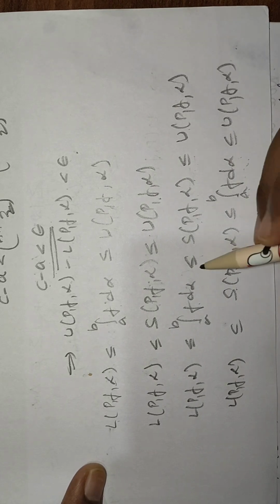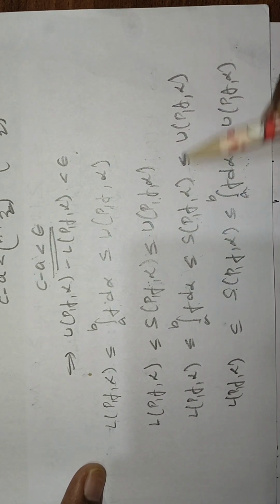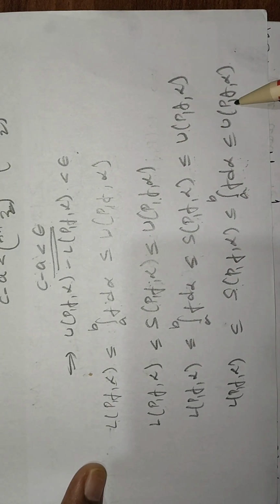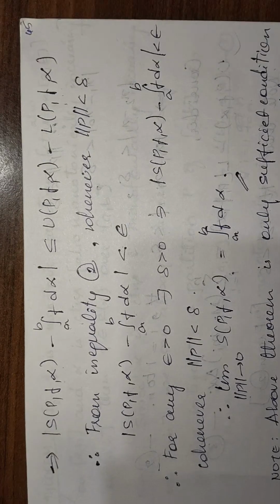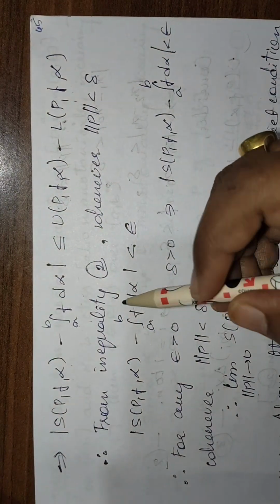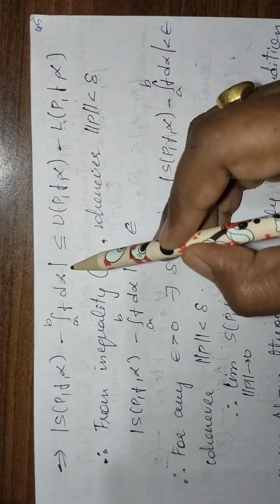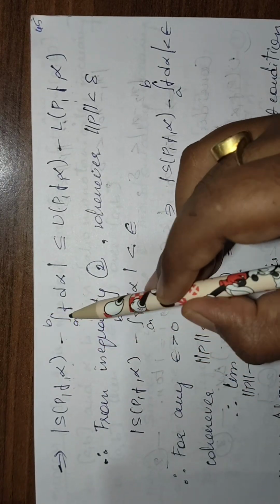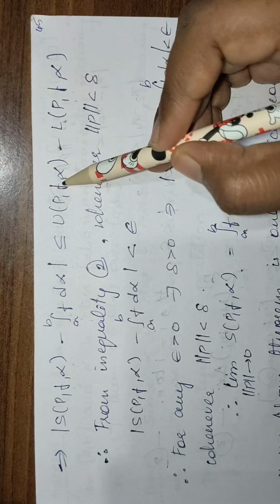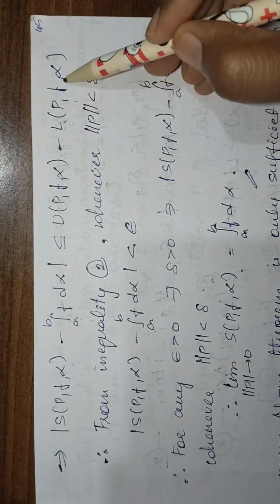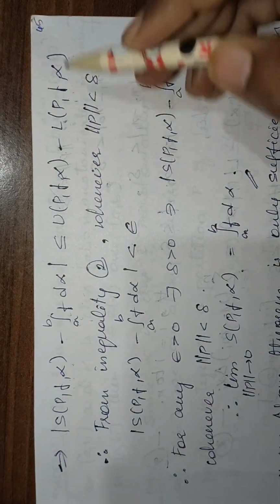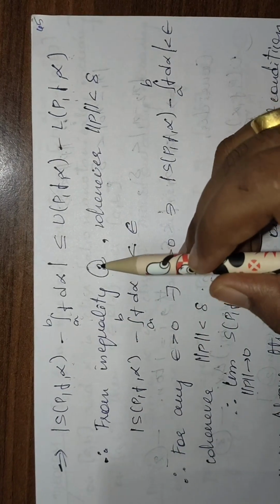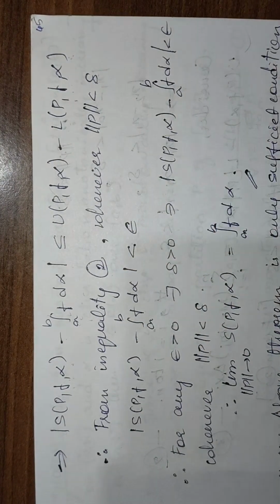So either we write this minus this is less than or equal to this, or this minus this is less than or equal to U − L. We don't know what comes first. So we have written |s(P, f, α) − ∫ₐᵇ f dα| ≤ U(P, f, α) − L(P, f, α).